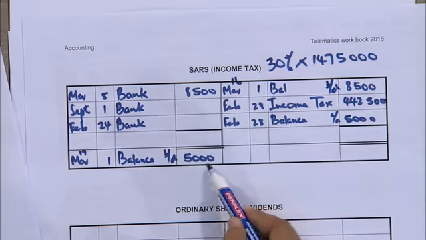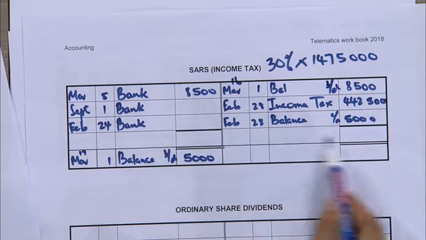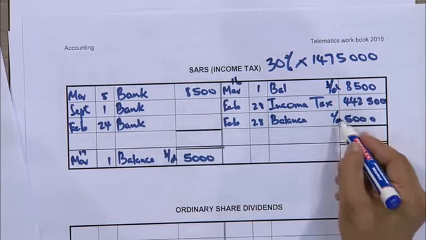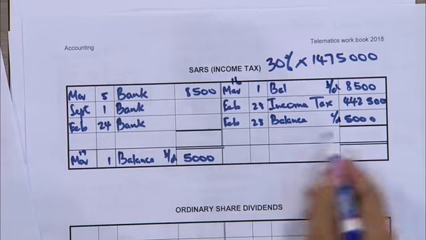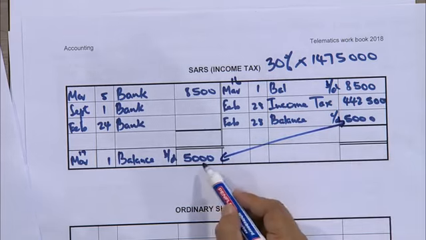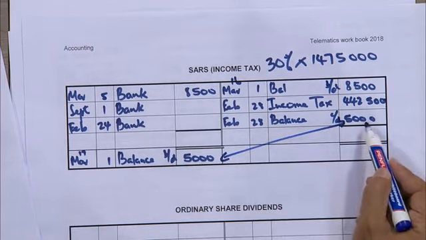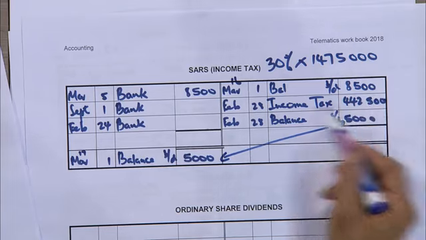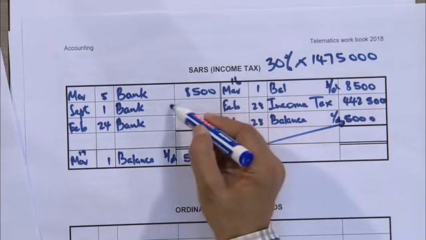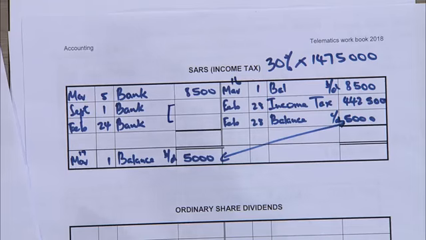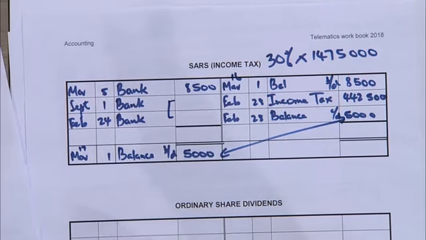So if we have a debit brought down, which is below the totals, then the carry down had to be above the totals, but on the opposite side. So we're working like this. Okay, so now they're giving me the debit balance, which means they have to come from the credit side as a carry down balance. Then I calculate the missing figure for the income tax. Now I have the missing figure that make up these totals, and those two items are split evenly because it says it's two equal payments.